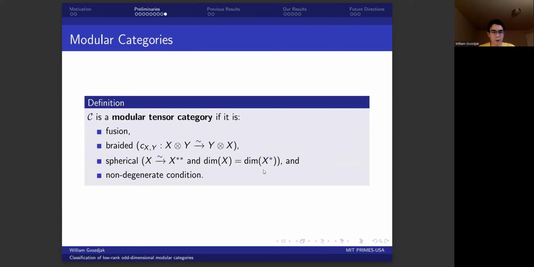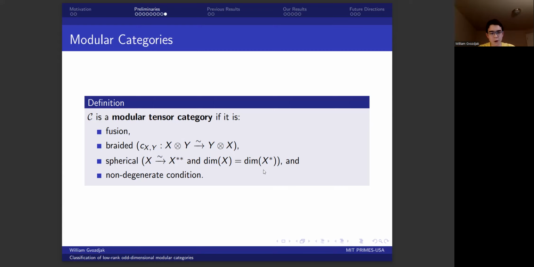Finally, we define modular categories. We say that C is a modular tensor category if it satisfies these four conditions. C has to be fusion, so it has to satisfy all the rules that we discussed in previous slides. It also has to be braided. What this essentially does is make the tensor product commute in a coherent way, and it does this using the two hexagon axioms.